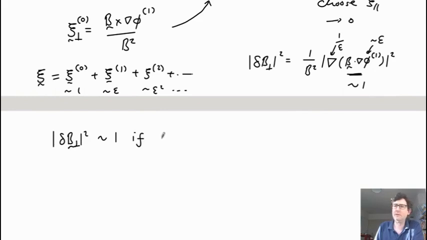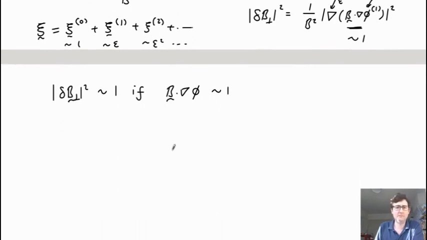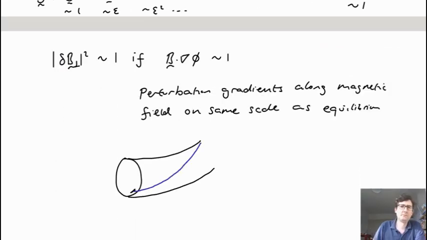So if we have the b dot grad of phi is of order 1, this means that the equilibrium gradients of the perturbation are on the same scale length as the plasma itself. And so this makes some physical sense.